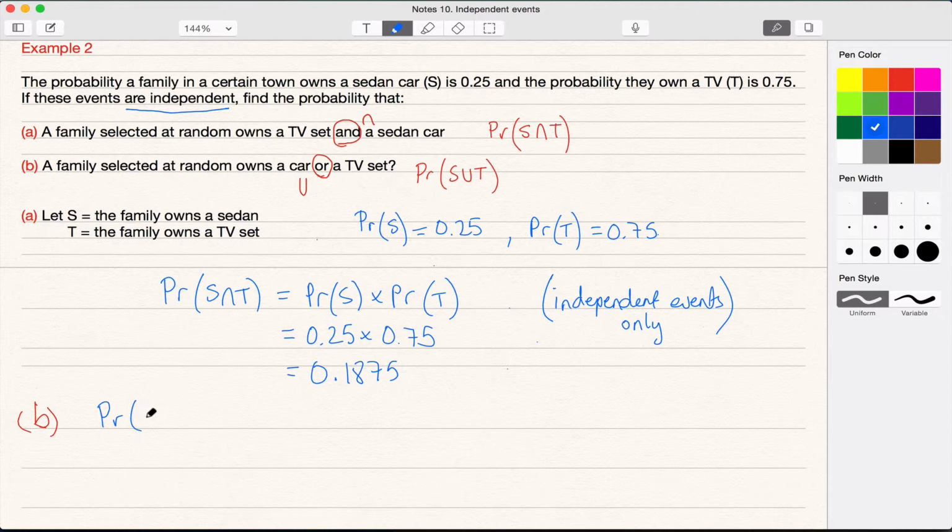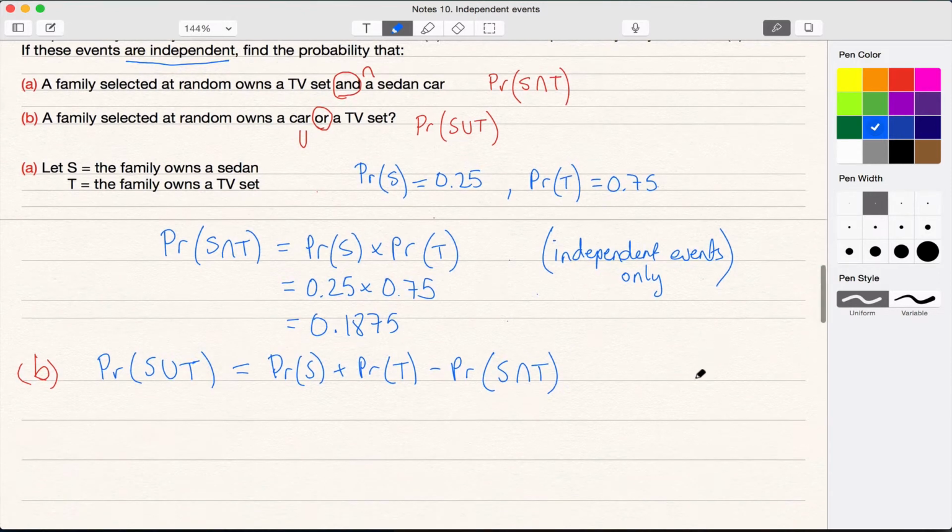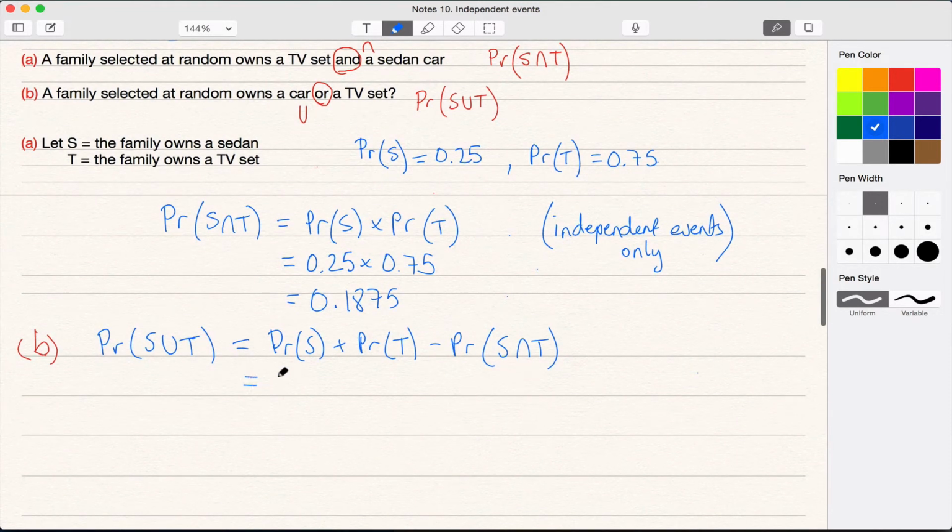Using our rule from earlier that has union in it, we get probability of S union T is probability of S plus the probability of T minus the probability of S intersection T. Hopefully you remember that rule.